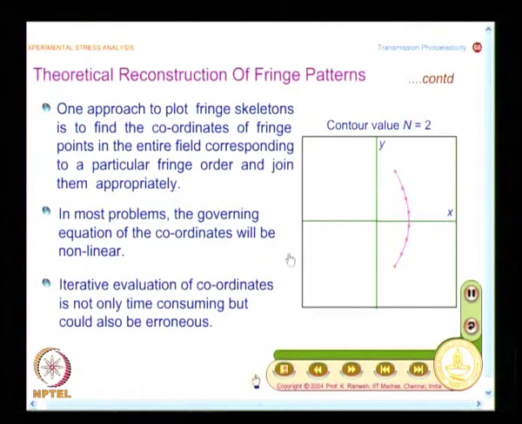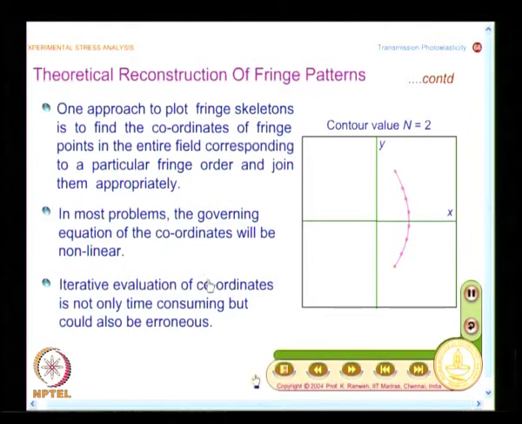So, the important aspect is in most problems the governing equation of the coordinates will be nonlinear. Iterative evaluation of coordinates is not only time consuming, but could also be erroneous.